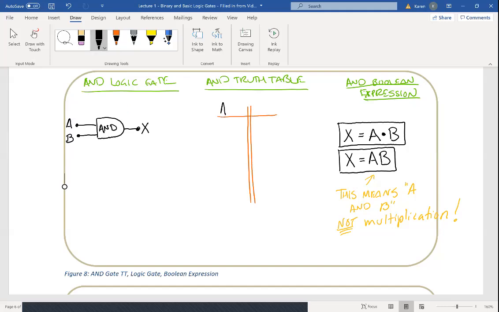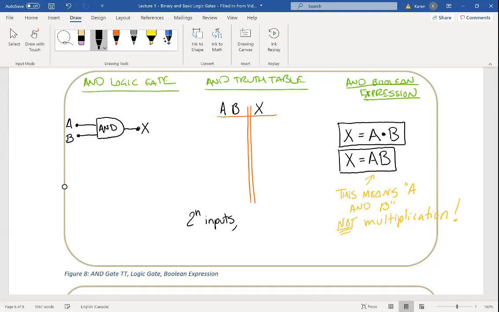This has inputs A and B, and it has output X. I said that the output X is only high if all of the inputs are high. So let's look at the combinations of inputs. There are 2 to the n inputs, where n equals 2, so there are 2 squared, which equals 4, input combinations in this truth table.